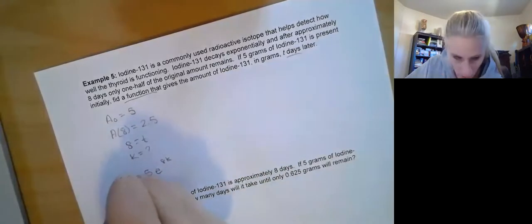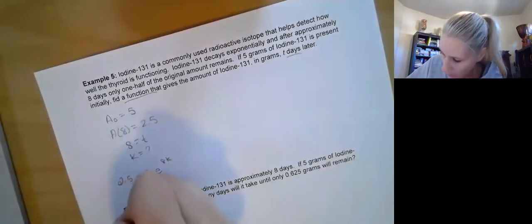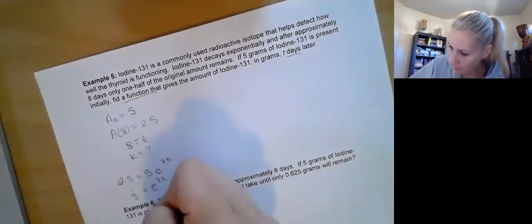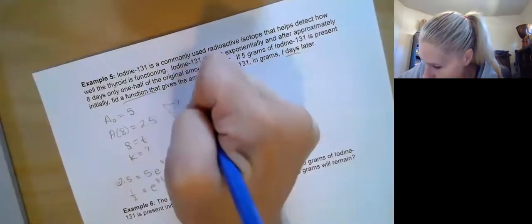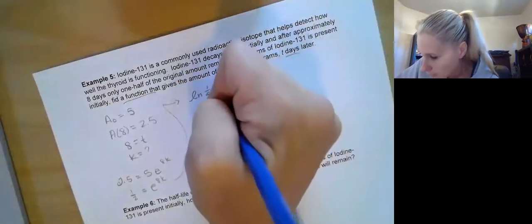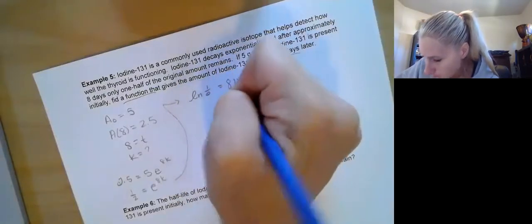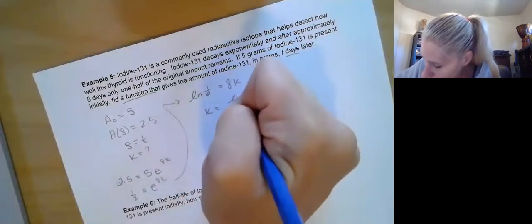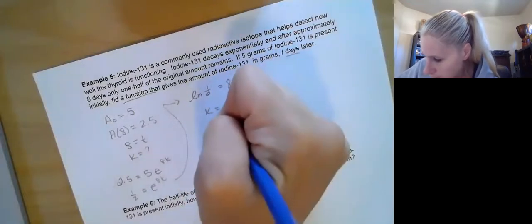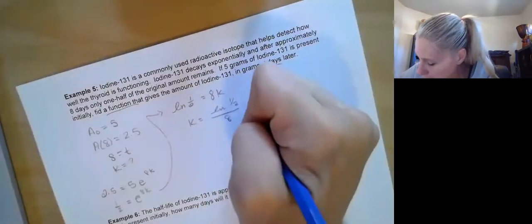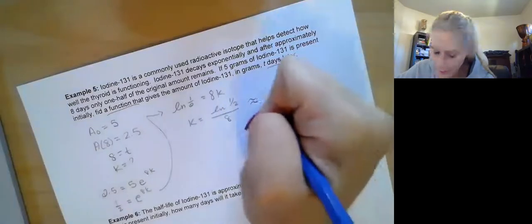I get 1/2 equals e to the 8k. ln both sides, so we get ln 1/2, or 0.5, guys, if you want to do it that way, equals 8k. So k equals ln 1/2 over 8. I'm going to approximate that out so we can test that it's a decay.